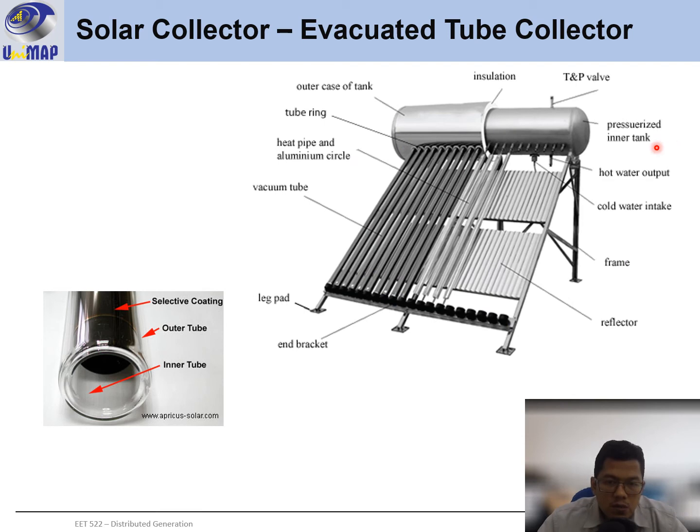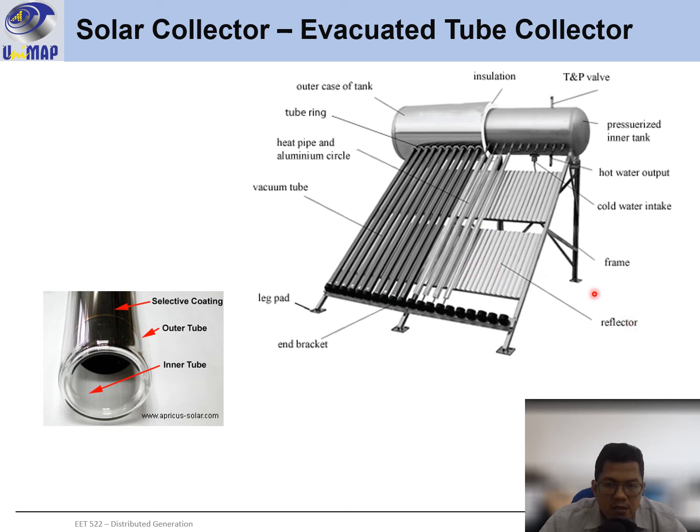Okay, this is the whole construction of the evacuated tube collector system. So we have a collection of several tubes here, and then it will be connected to the tank here at the top of it. Okay, this is the vacuum tube, and then you have a reflector to catch back all the sunlight in the middle of the tube, so the reflector can reflect back the solar radiance to the tube from the back.